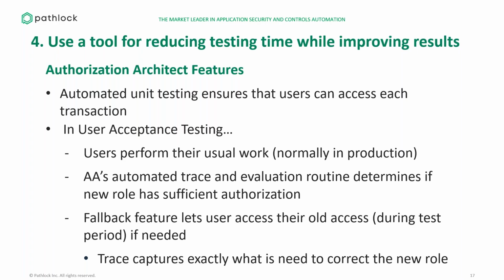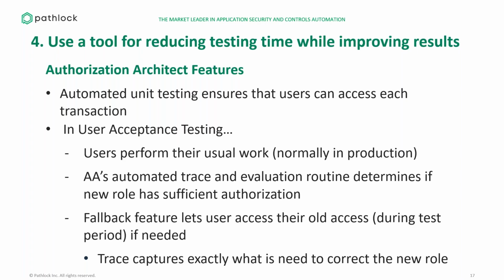You could give it to one user in production the first day. You've got a trace going on him, so you know exactly what he's doing, and he can do his work, and he will either complete it successfully under the old access, or he should complete it under old access plus new access, but he gets his work done and gives you really good data so you can get things fixed.